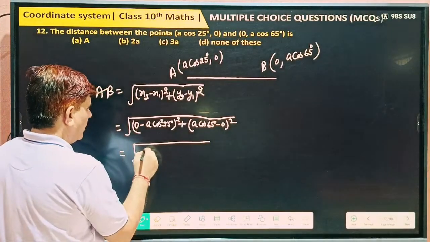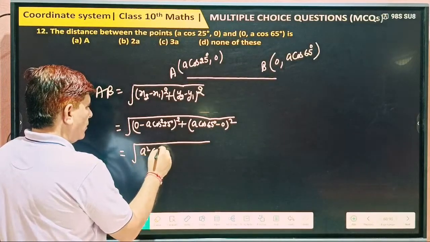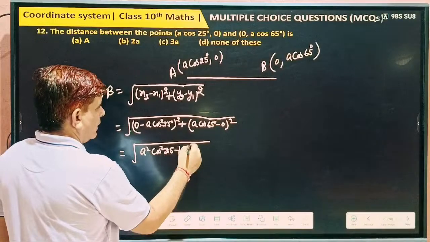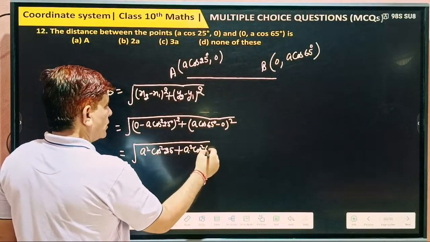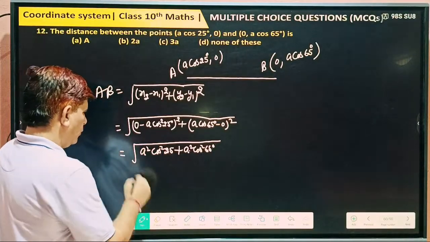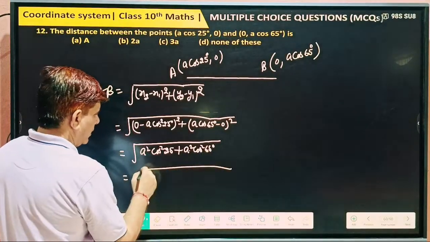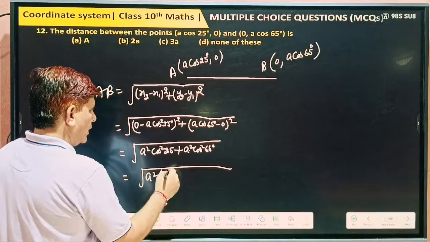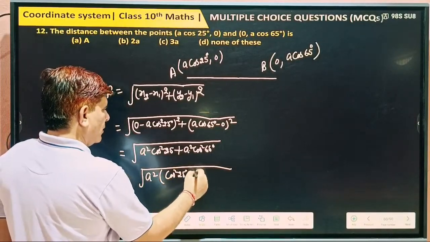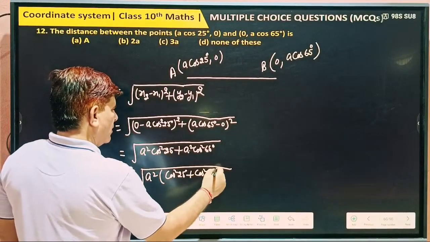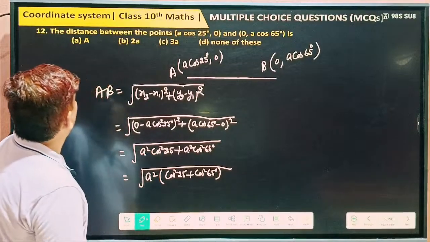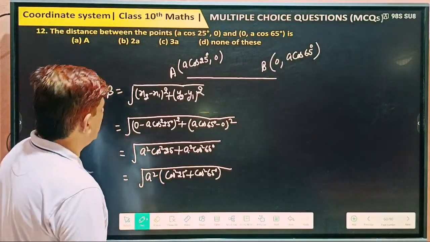This becomes A square cos square 25 plus A square cos square 65. So which is common? A square is common. What is left? Cos square 25 plus cos square 65. So A comes outside.